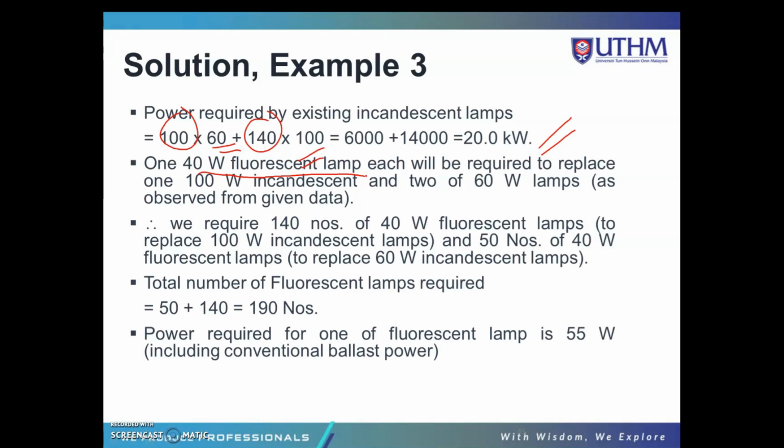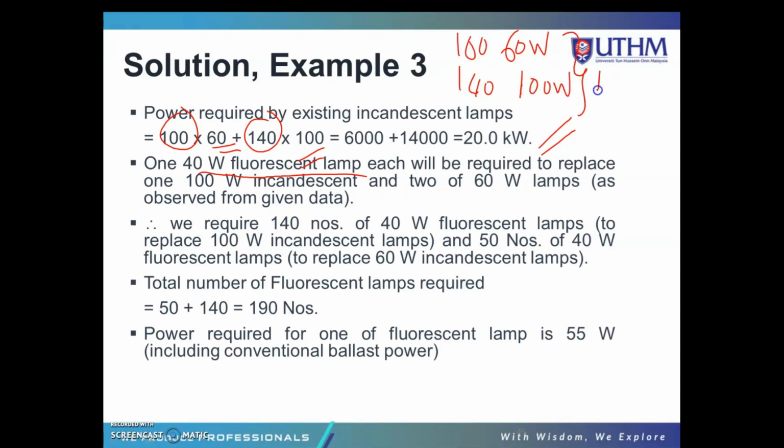It means that first we know that we have 100 numbers of incandescent lamps at 60 watt, and then 140 numbers at 100 watt.